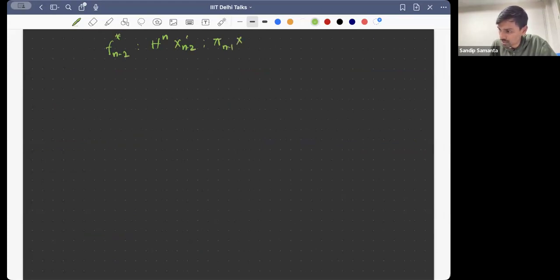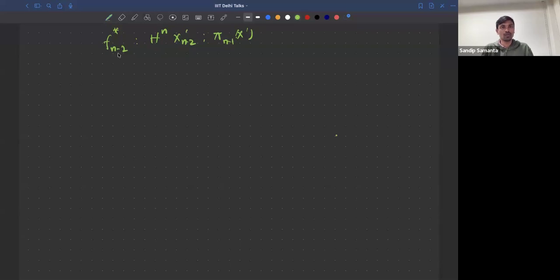Sorry, this is from X prime. So we have f n minus 2 star from H n of X n minus 2 prime to H n of X n minus 2, because on cohomology it is a contravariant functor, with the coefficient remaining.